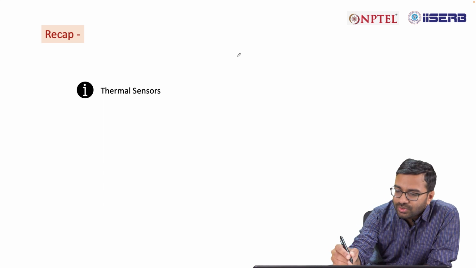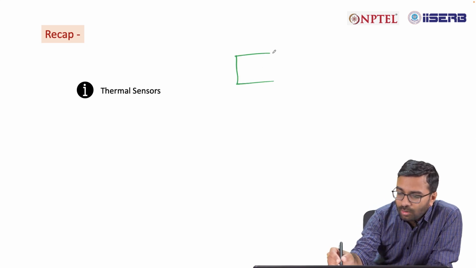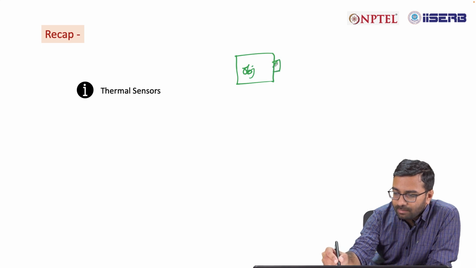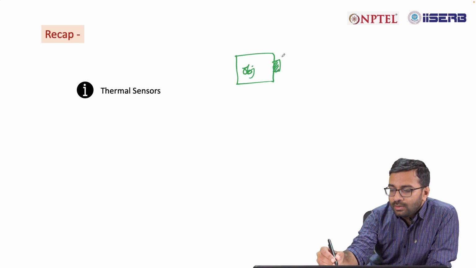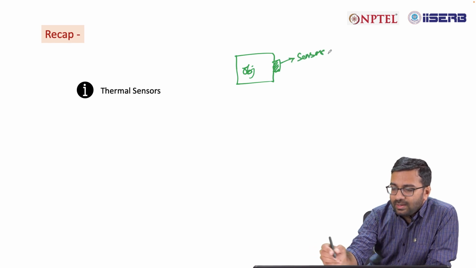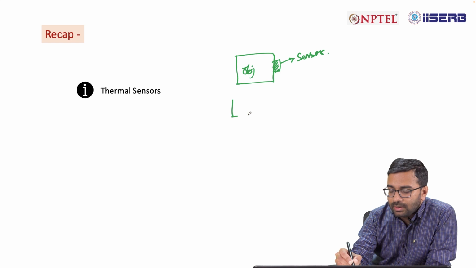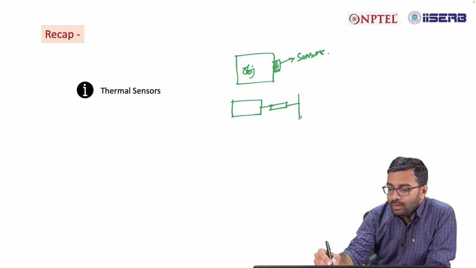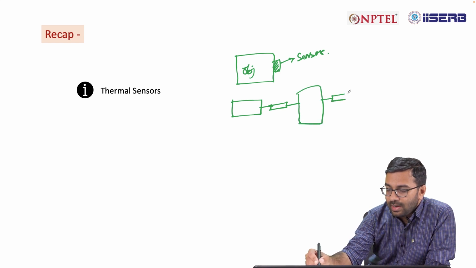We have taken a situation where you have an object and then there is a temperature sensor attached to it. So this is your sensor, and then we have drawn a simple schematic related to the sensor and the object.